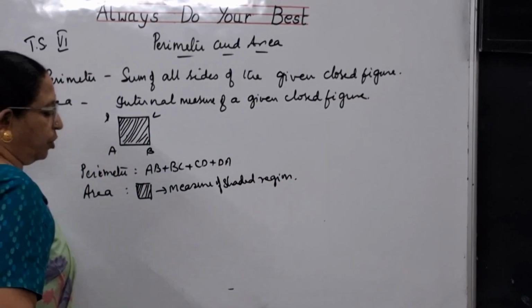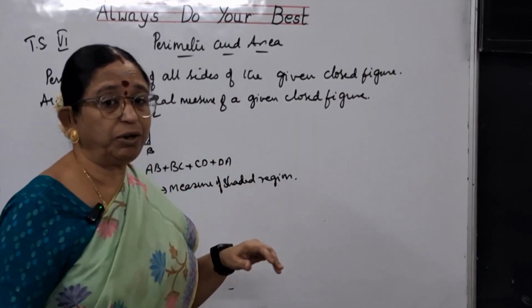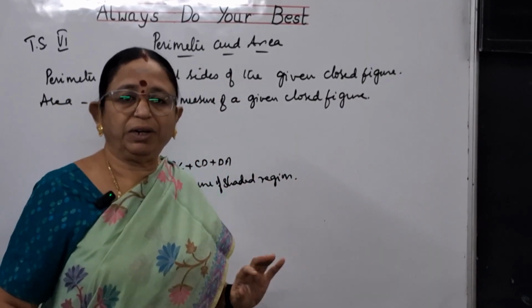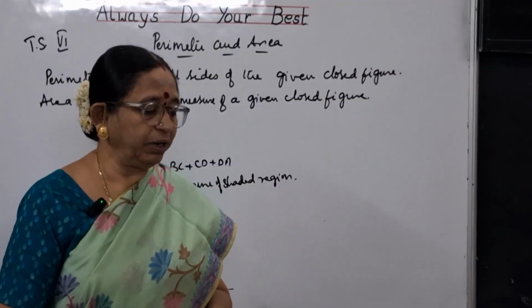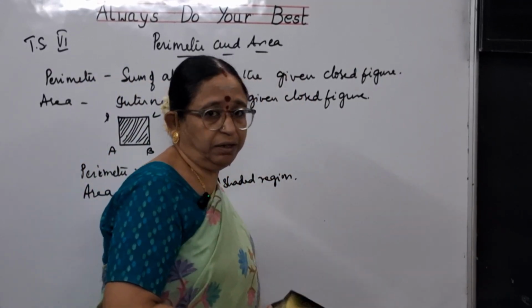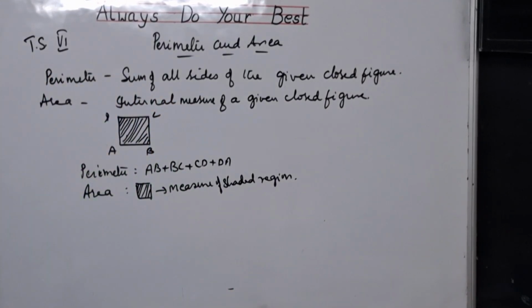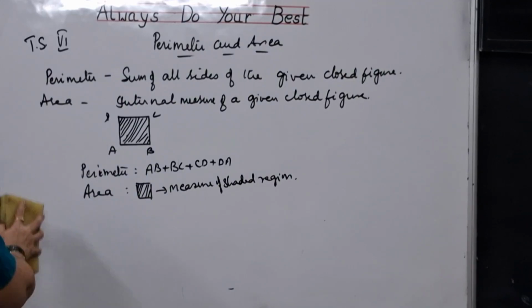Okay, this is a small introduction, children. Every perimeter will be having a formula, even area also will be having a formula. We are going to learn in depth about it in your forthcoming exercises. Let us start with what is given in your textbook.